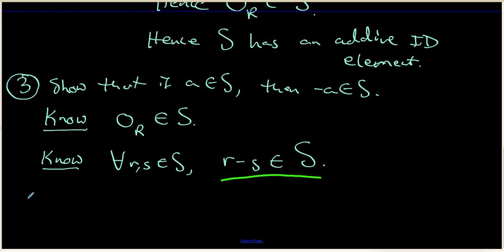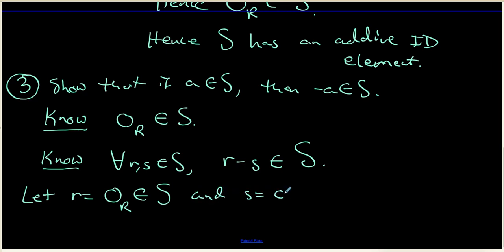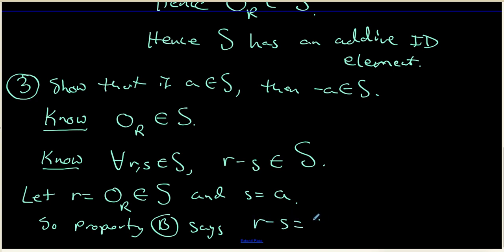So what I'm going to do is set R equal to the zero element in the ring R, because I know that that zero element is inside S, and I'm going to let little s be my A element, this element up here. So what property B says is that R minus S, which is 0R minus A, belongs to S.